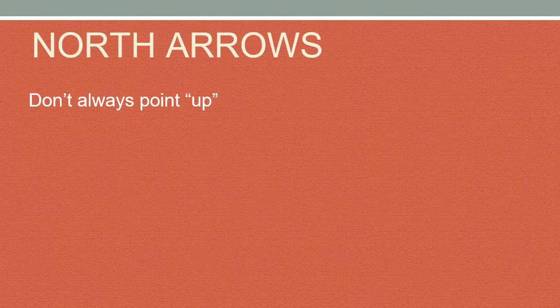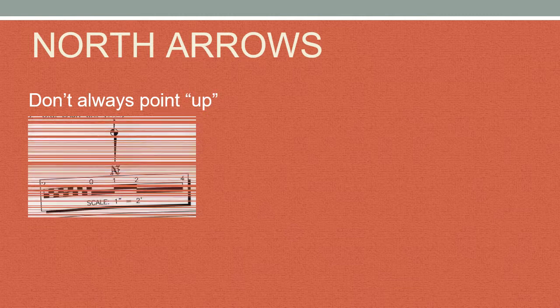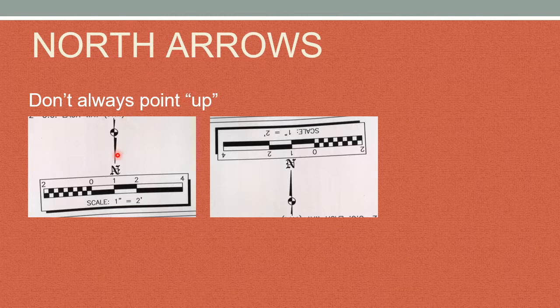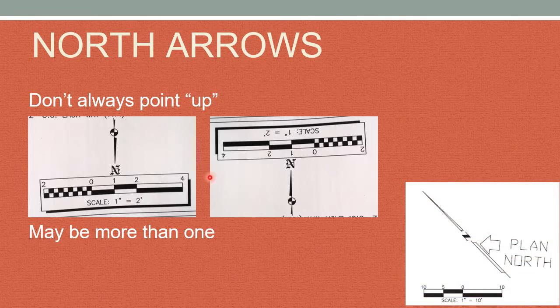A word about north arrows. North arrows don't always point up. Here's a north arrow that is actually pointing down. There also may be more than one north arrow. And here's an example that this is north, but someone has designated this direction as plan north.